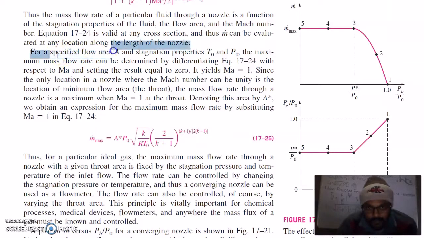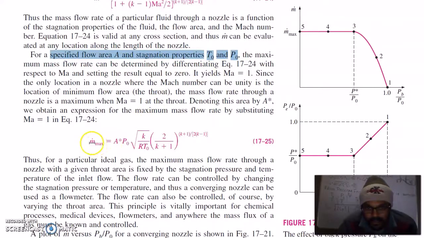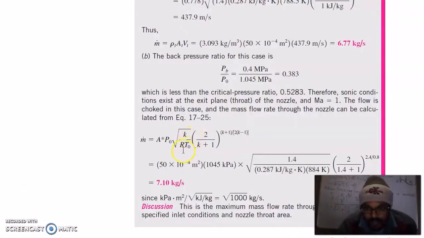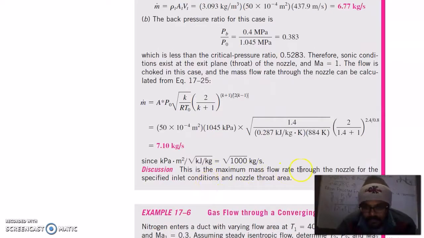For a specified area and stagnation properties T naught and P naught, we have this formula here for the maximum mass flow rate. K is 1.4, R is the gas constant, temperature is given. When you solve this, you will get mass flow rate equal to 7.10 kg per second. This is the maximum flow rate through the nozzle for the specified inlet conditions and nozzle throat.